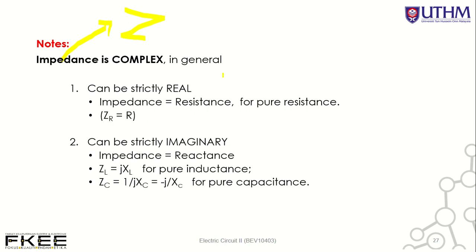Your Z is equal to R. Impedance equal to resistance for pure resistance. Number two, strictly imaginary. Because in general form we can write Z equal to R plus jX.